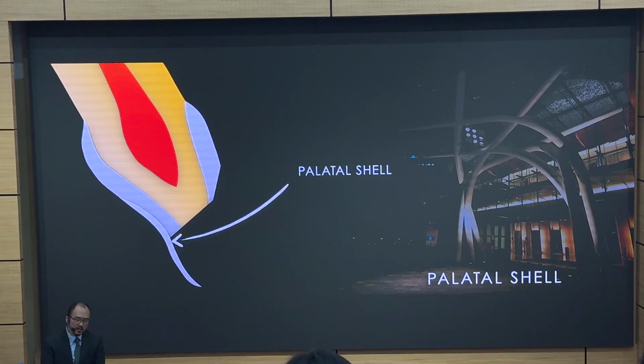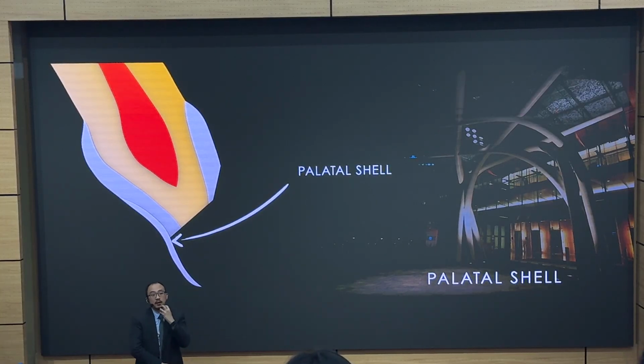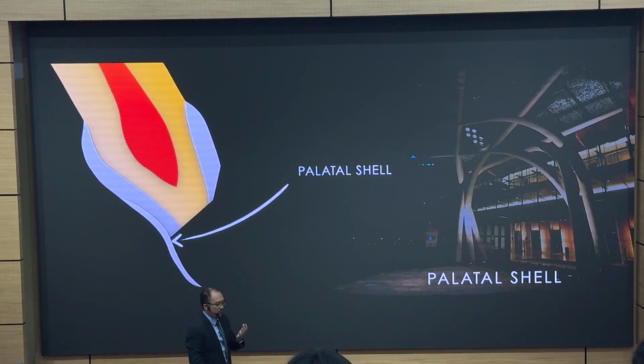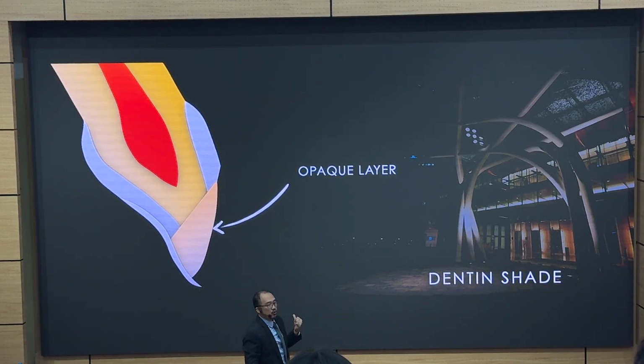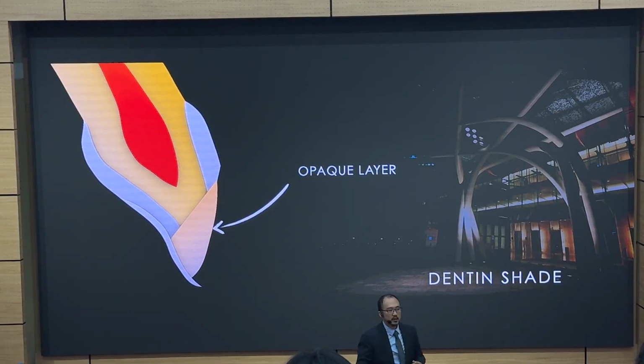Now, the second mistake that a lot of people make when you do your class 4 restoration and you find that the restoration is very gray, now we know it's because it's too translucent. The mistake a lot of people make is that they don't put enough opaque layer. Let me give you an example.